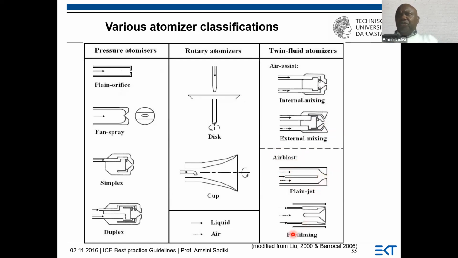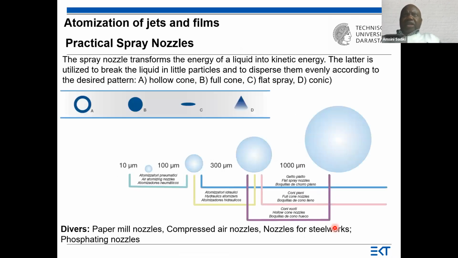We have also pre-filming. Here we have these two liquids, and we have a film, and this film will be destroyed at this position here. So we will see also an example of this one in some application we will have.